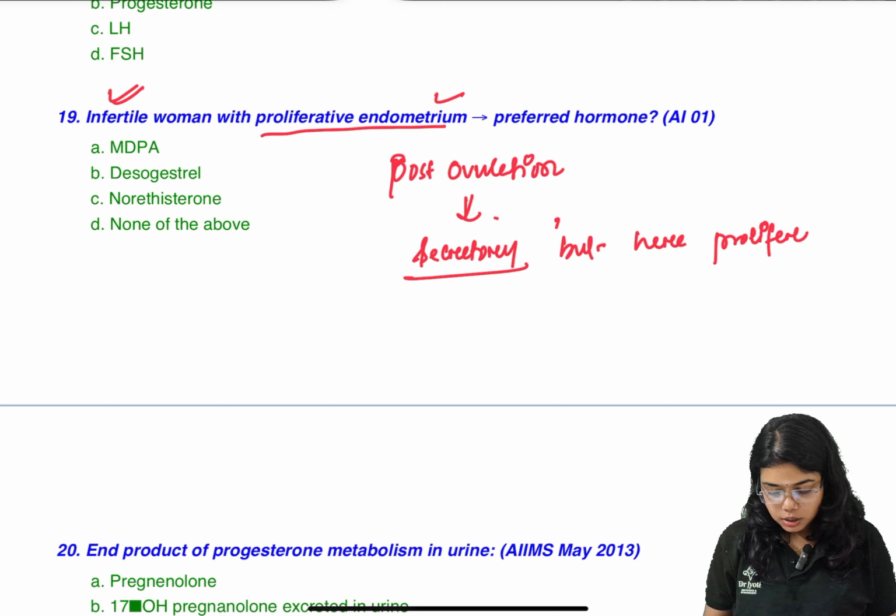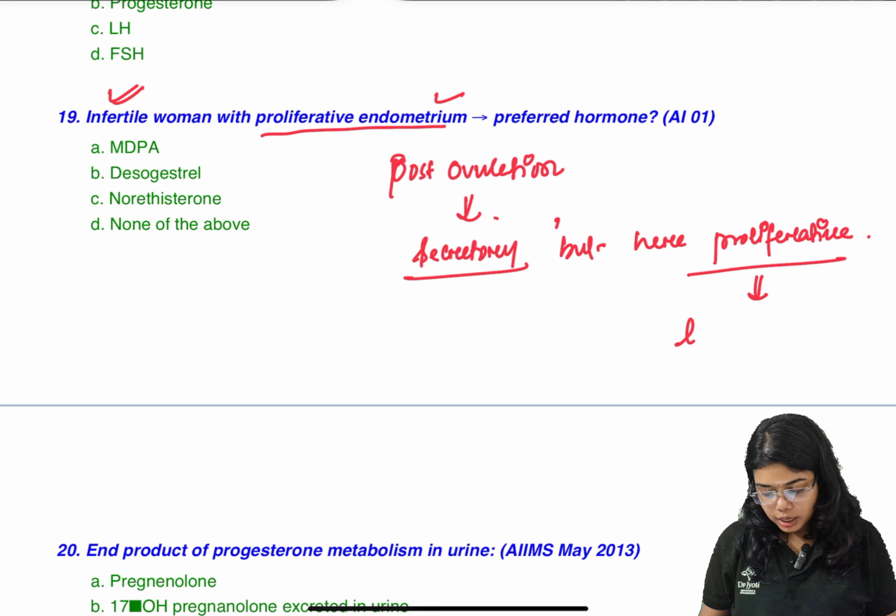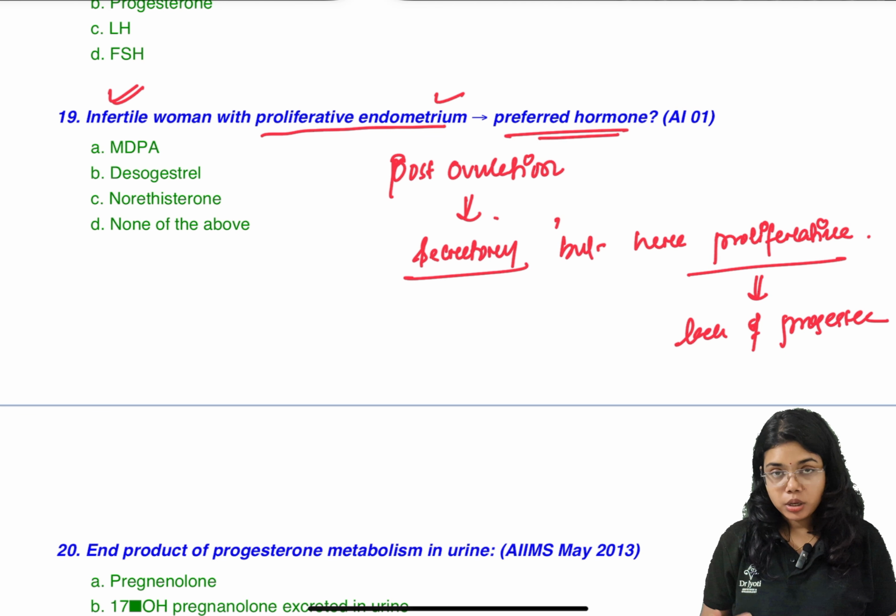That means there is lack of progesterone. So what is the preferred hormone in the next cycle?